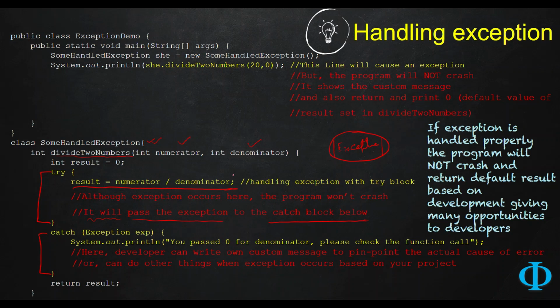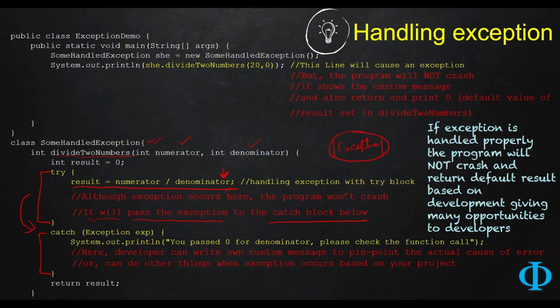As soon as the program got the denominator as 0, then and there an exception object is created with all the related information about the exception, packed in the form of an exception object, and just thrown to the catch block.